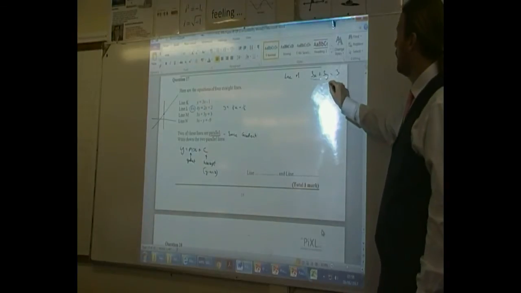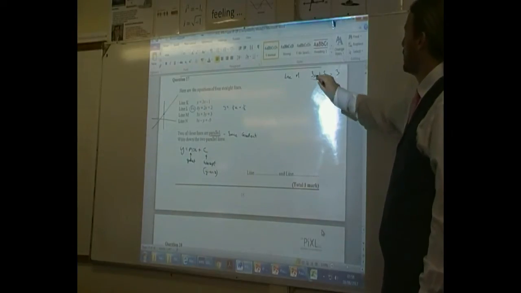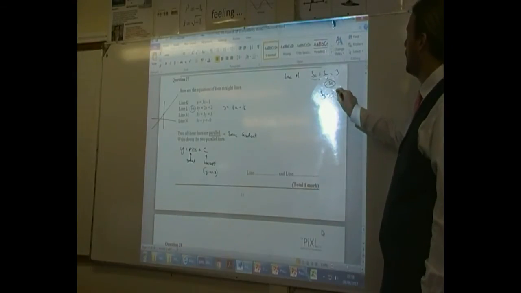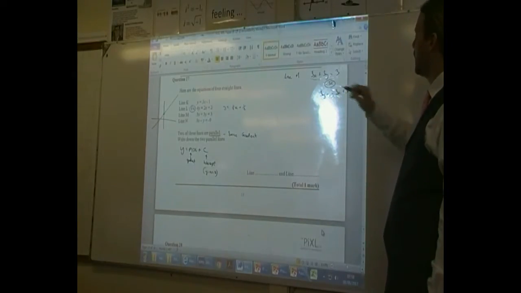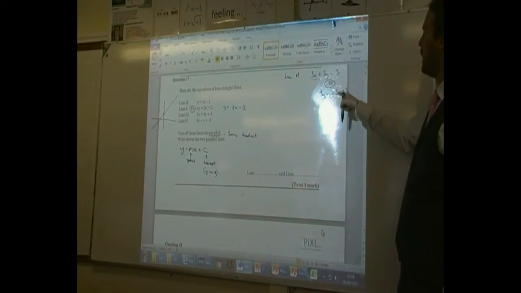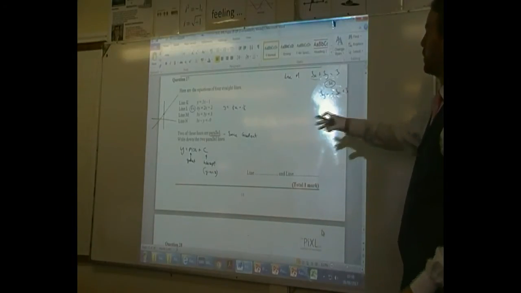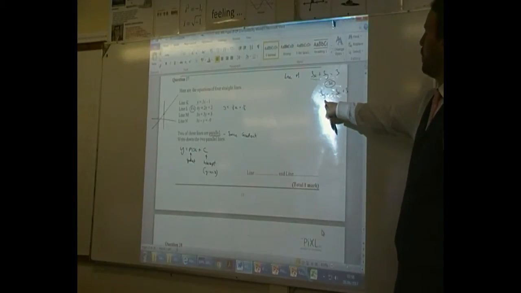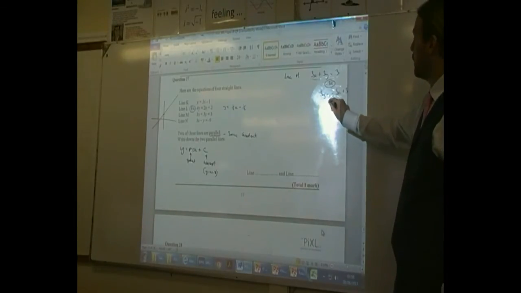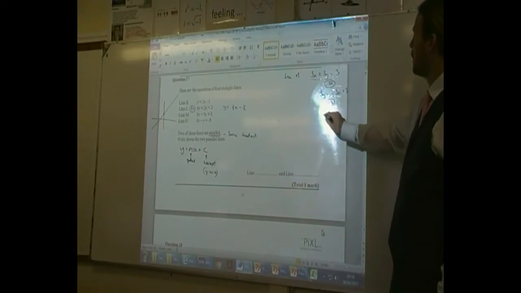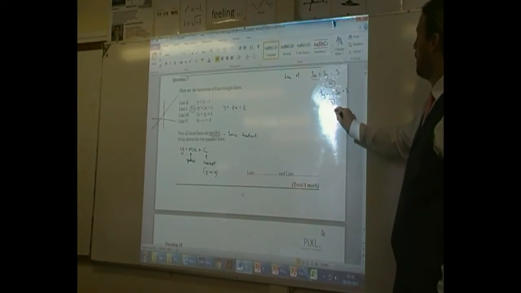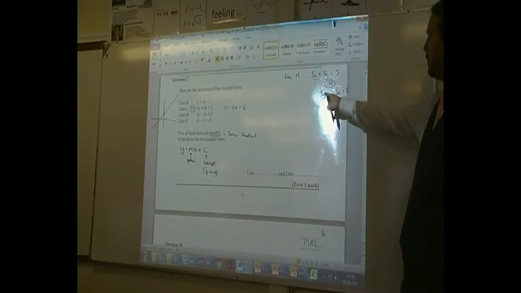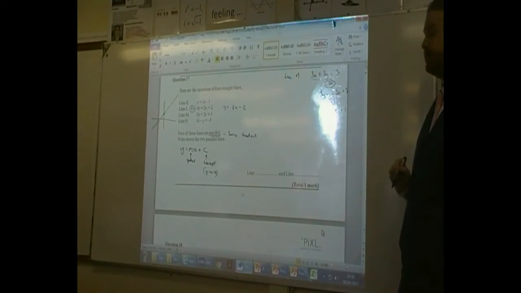So I'm going to take away 3x from both sides of the equation, so I get 3y equals minus 3x plus 3. I've written it like that. It could be 3 minus 3x, but just to keep it in the mx plus c format. We then want y on its own, so we're going to divide by 3. So y equals minus x plus 1, because I've divided everything by 3.